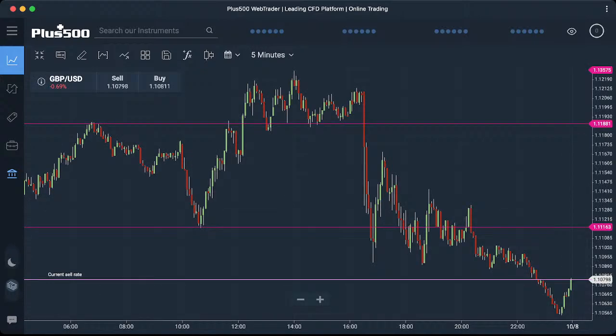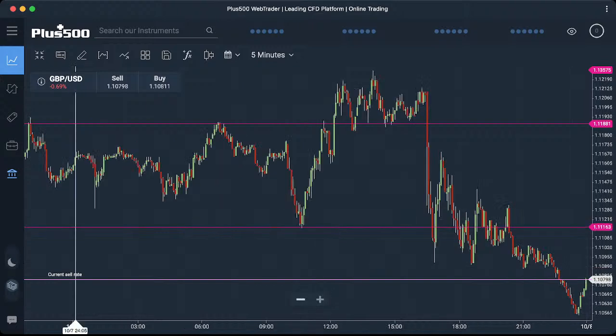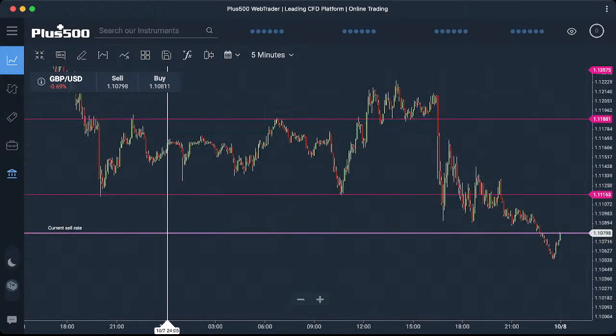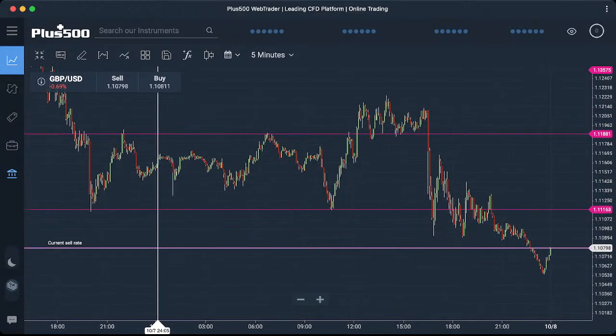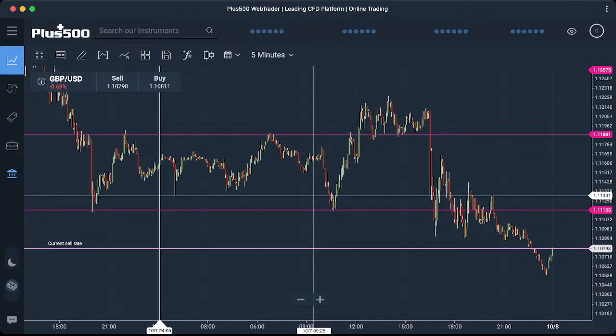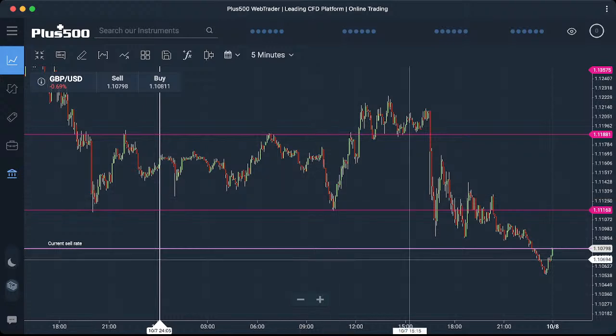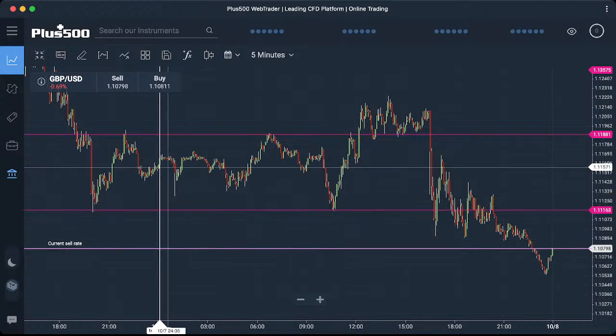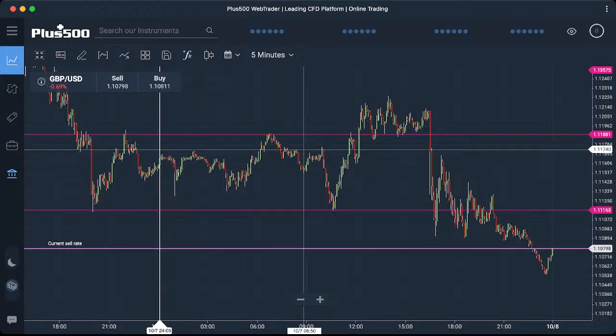So here, this is Friday, October 7, and the chart time frame is the 5-minute chart. This was the accumulation phase, which was in the Asian session.